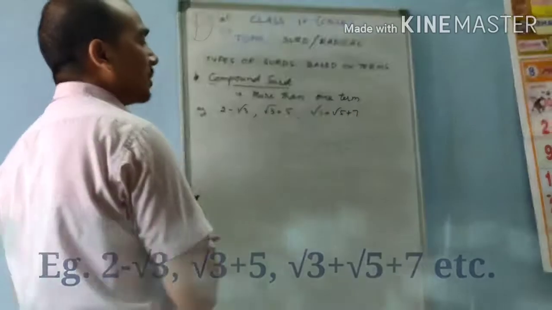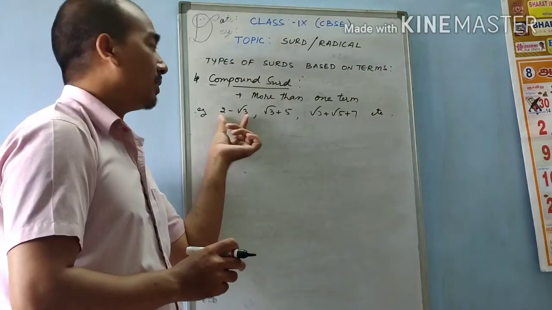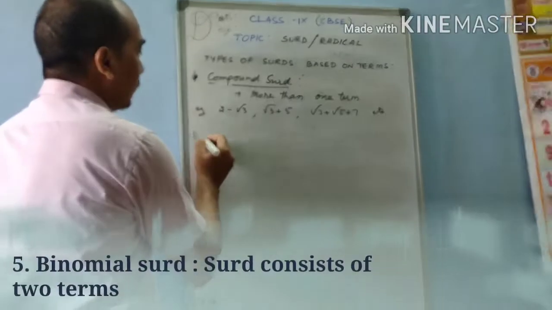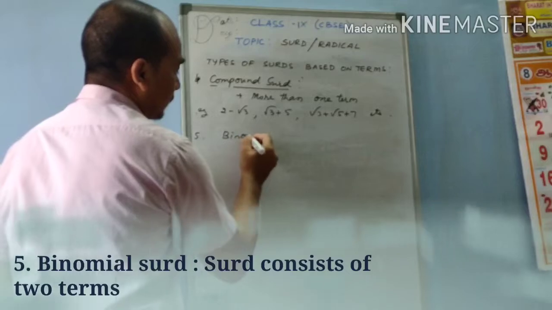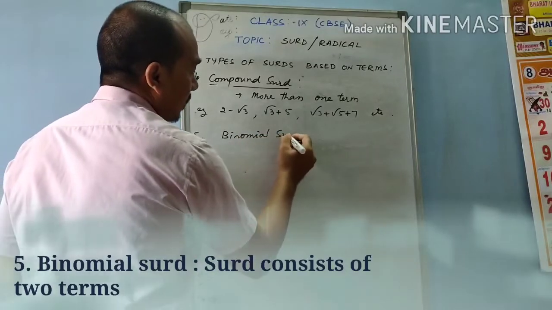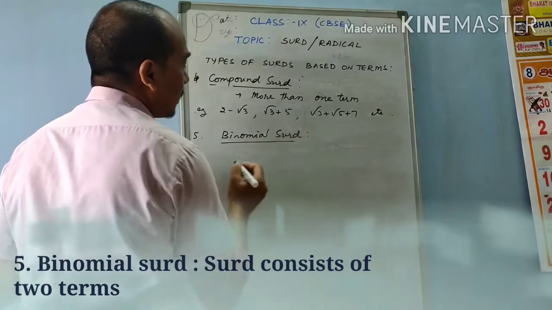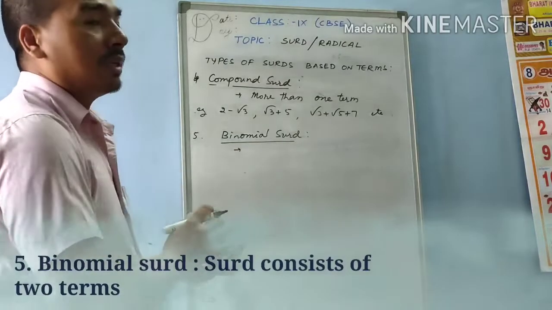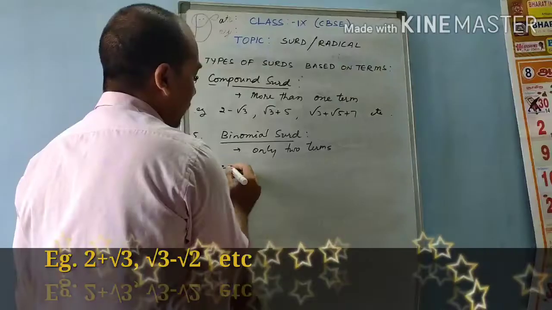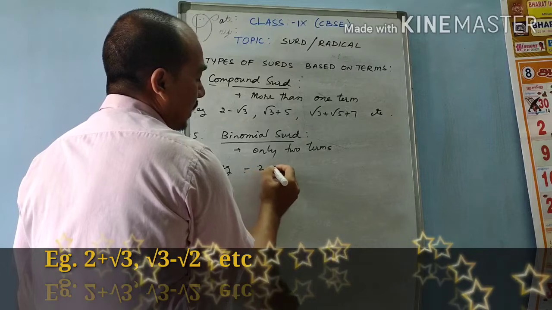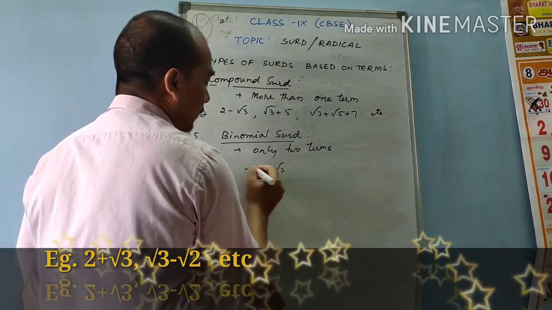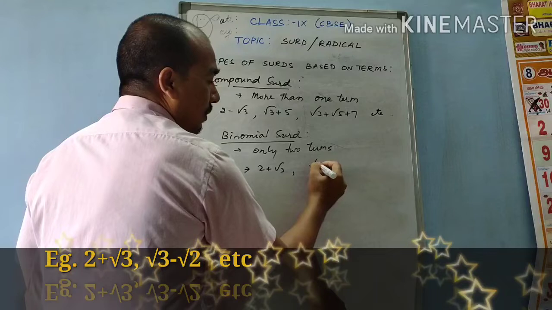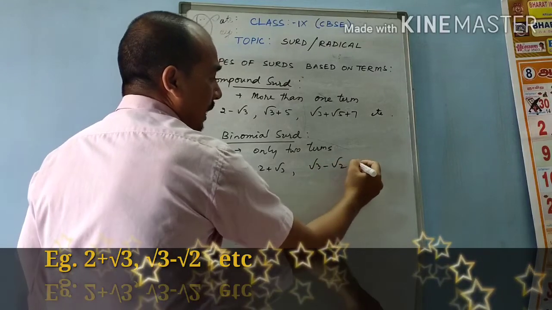This type of thing, what do you call now? Compound surd. Next one, binomial surd. Binomial surd means a surd containing only two terms. Example, 2 plus root 3, root 3 minus root 2, etc.